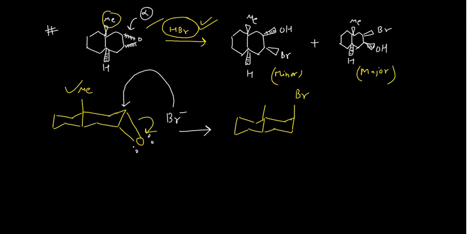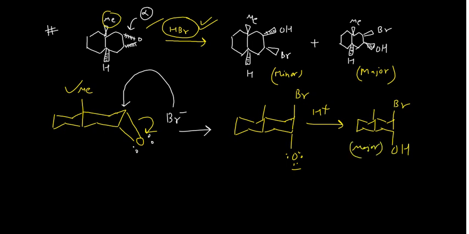So your oxygen is down, 1 2 3 4 5 6, negative. If you do the protic workup with H positive, then you will have your product just like that. This is methyl, this is Br, this is OH. So this is actually your major product.